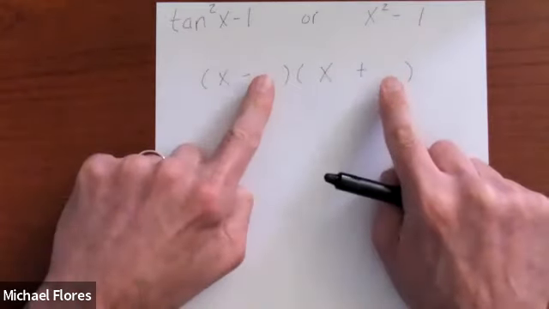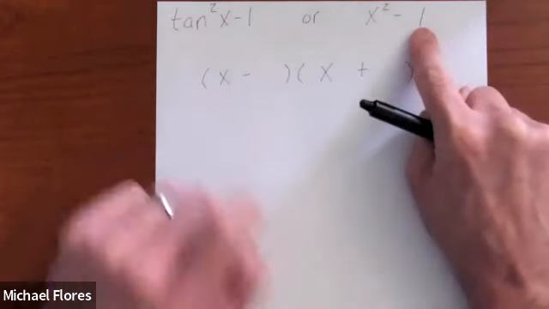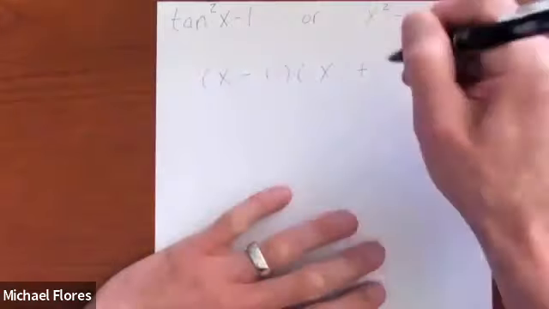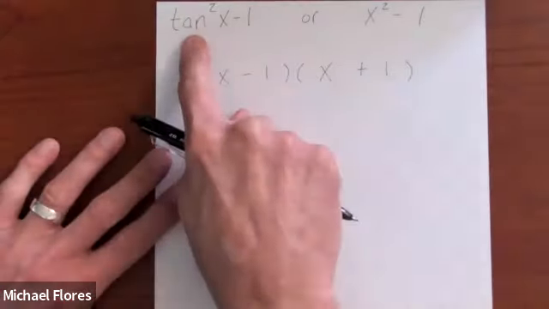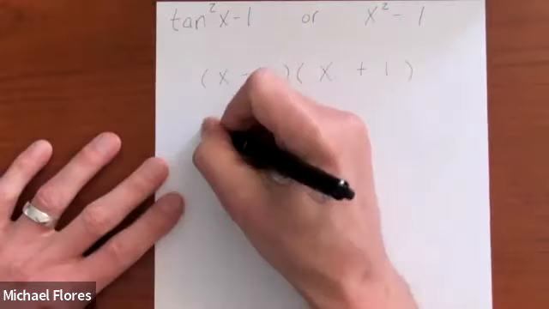In order to fill in these two gaps, you're going to take the square root of that term, which would be 1. And now we must remember we're doing trig factoring here. So we just need to write the word tan in front of our x's.